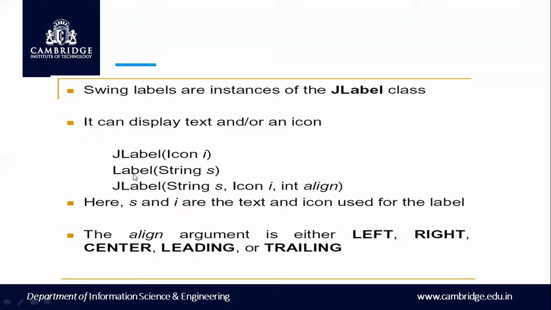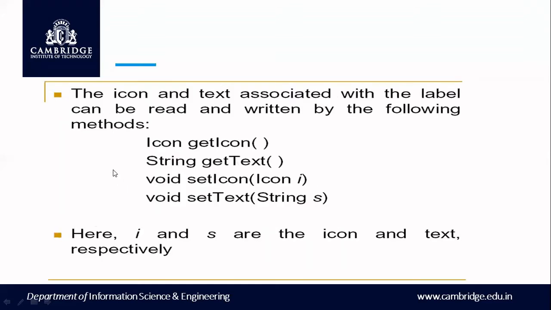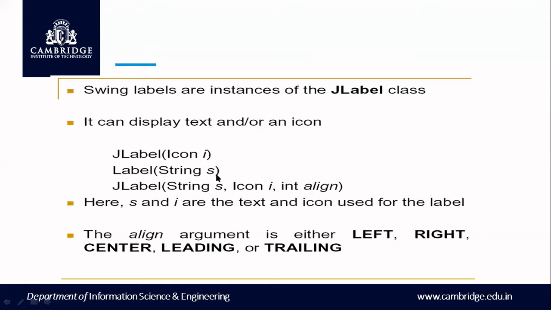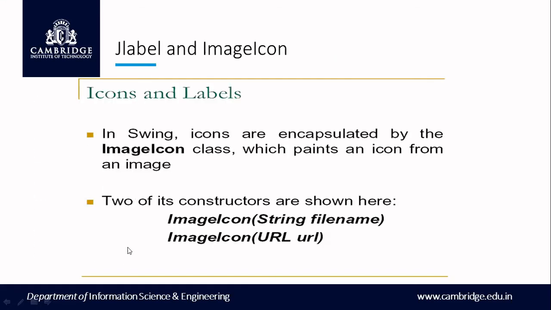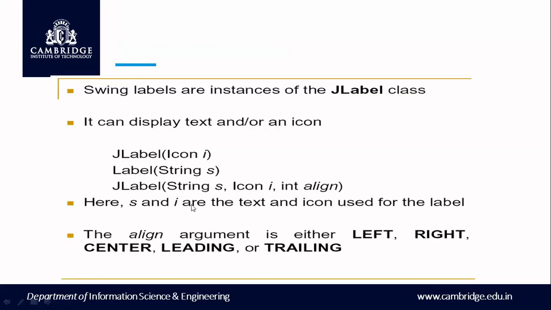Next, you can just write JLabel(String s). You can pass the string whatever you want to display. We have seen here, right? You have passed a string that needs to be displayed. Even that can be done. Next, you can also specify the alignment where your icon or label has to be present. Even for that, there is a constructor.